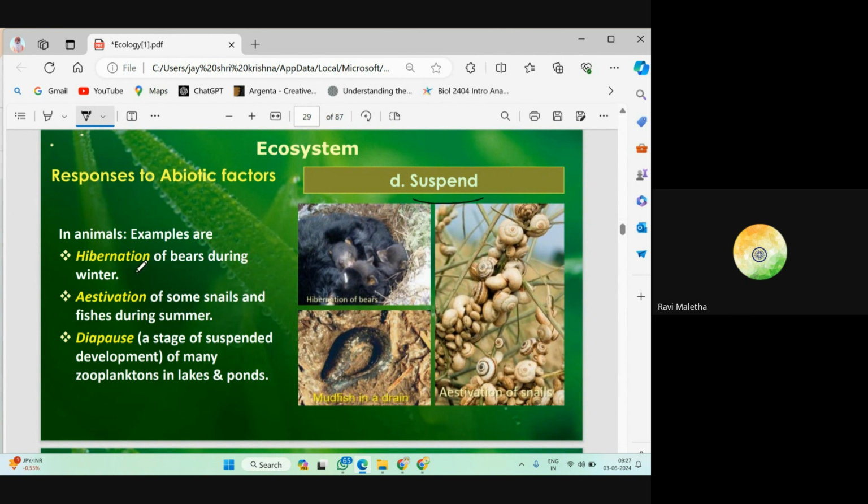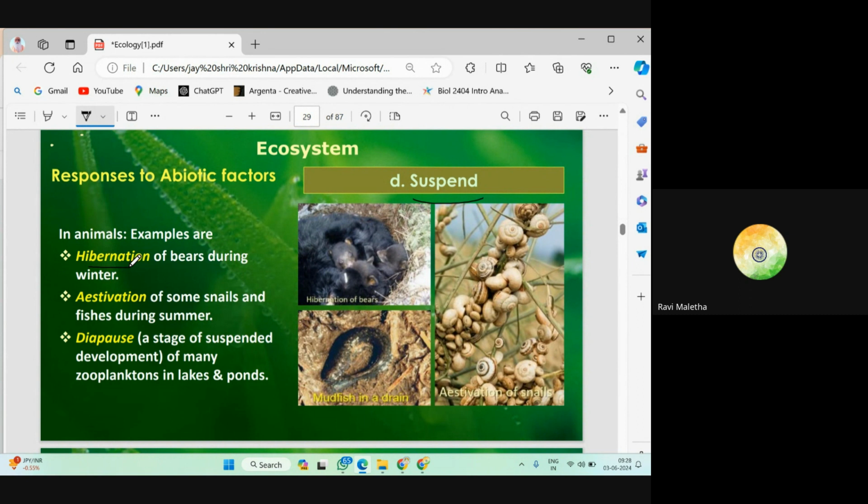For example, many animals are there. For example, snakes. In winters, snakes will go into hibernation. What is hibernation? Hibernation is a long sleep. It means they will sleep for 5-6 months, and they will cut out all their body processes. It's not like our sleep.